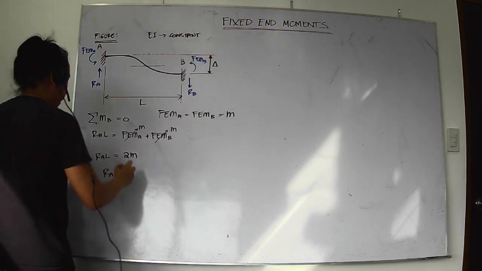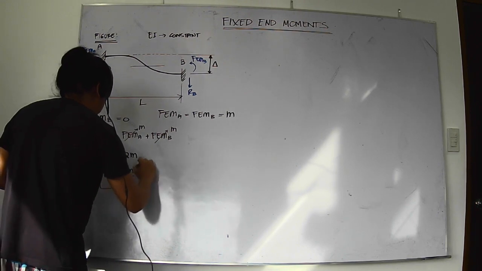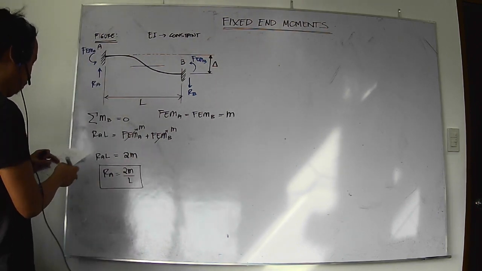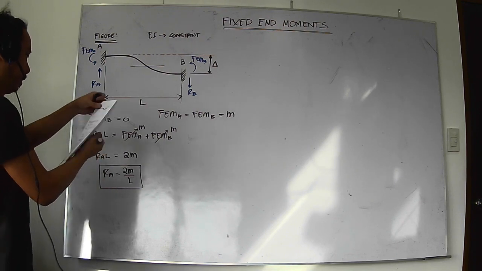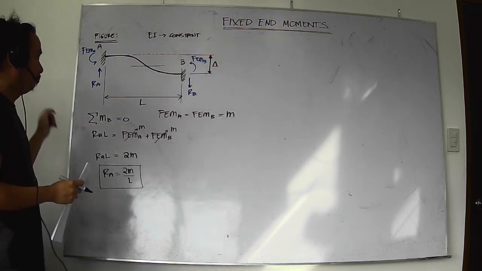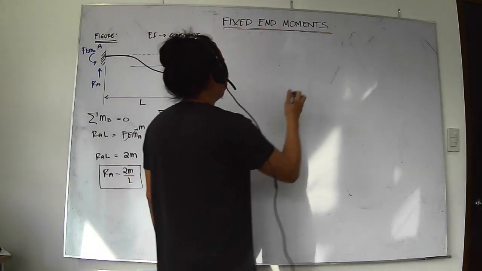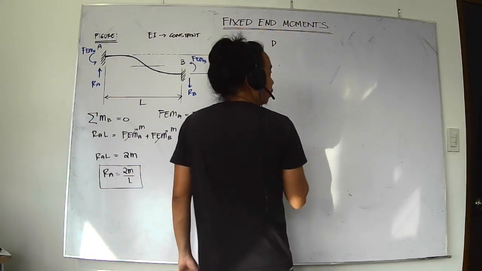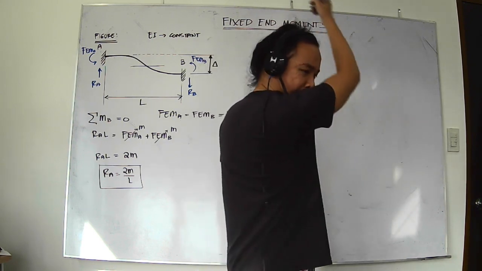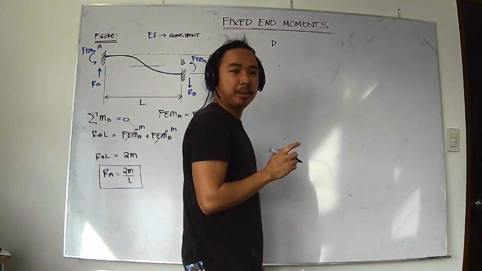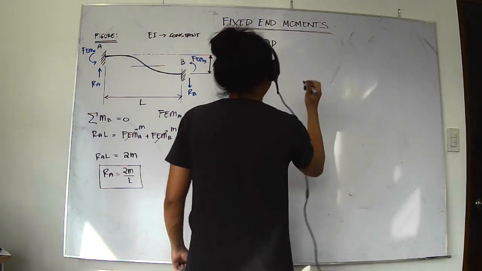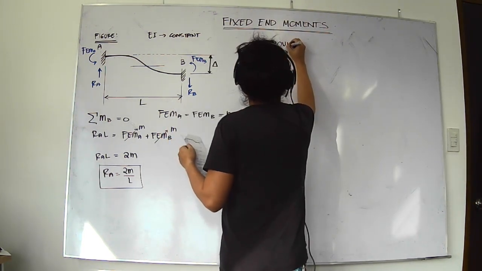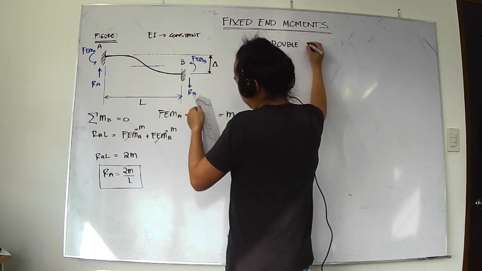Now, in this case, for the analysis, I'll use conjugate beam, my favorite. But since I got criticism on a Facebook post, to avoid bias, we'll use double integration.